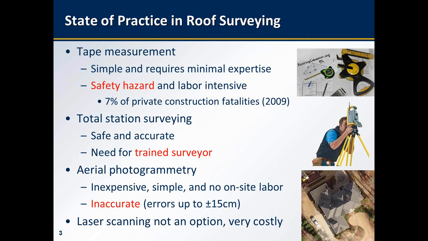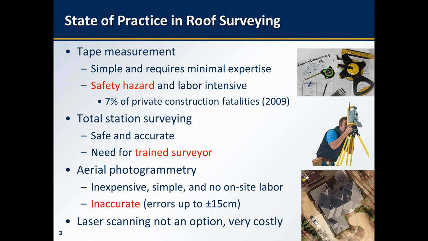Another measurement process is using aerial photogrammetry. There are a couple of companies right now in the industry that do this kind of measurement. So the process is that you just enter the address of your project or the roof structure that you want to measure in their website, and then they pull off some aerial photos, and then they do the measurement process from that automatically.